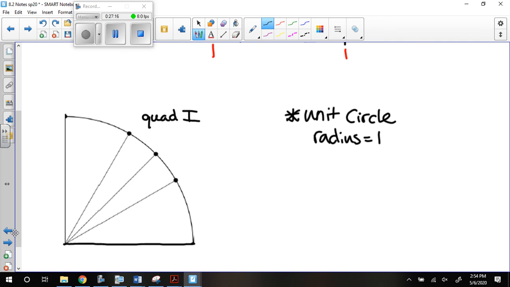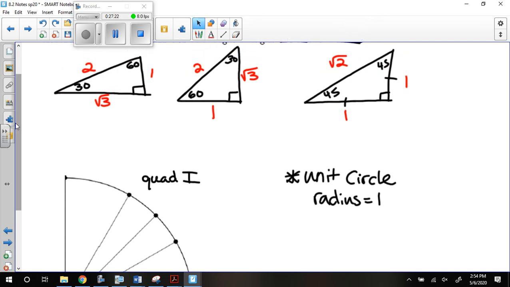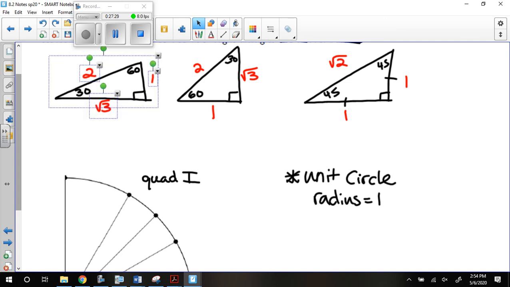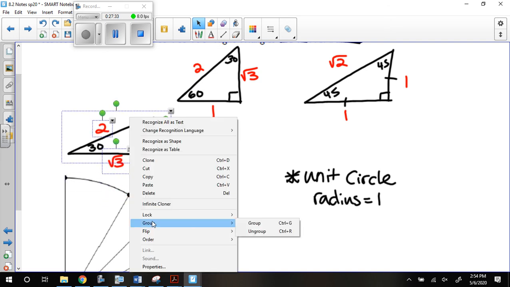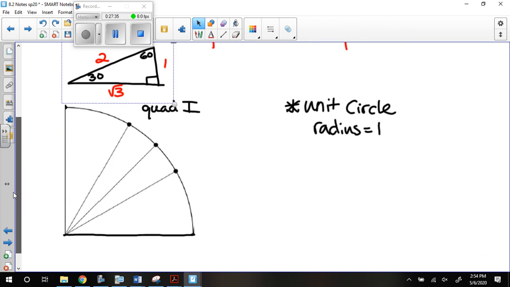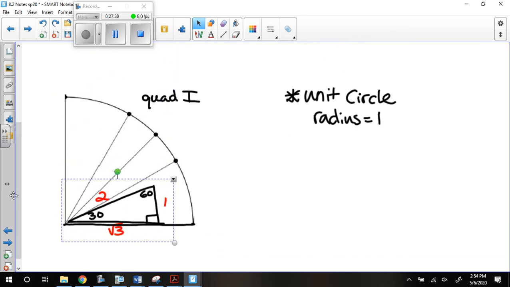Okay, so I'm going to take this triangle. I'm going to see if my smartboard will let me do this. Okay. I'm going to be taking this triangle. Let me group these together. And I'm essentially going to be sitting it here. Now, I didn't draw it exactly.